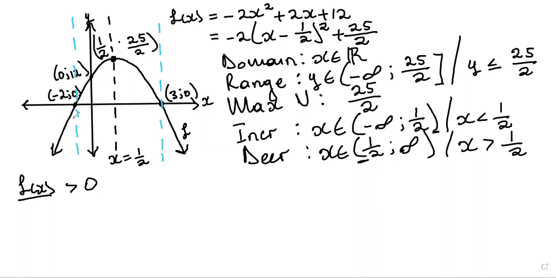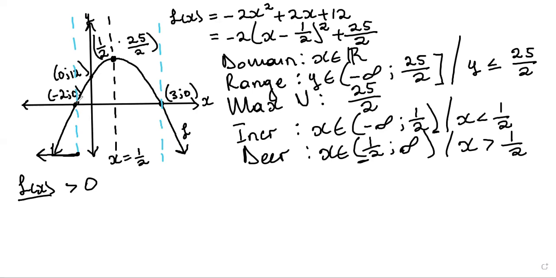So let's look at this interval from negative infinity all the way to -2. We can see that the graph is below the x-axis, meaning the values of y are going to be negative.